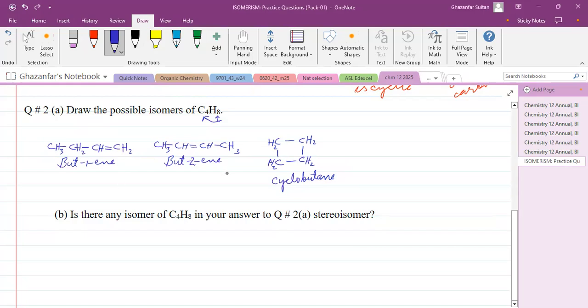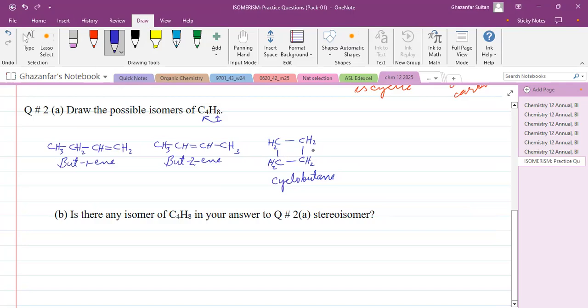Now, inspect all these three. The cyclic compound cannot have any such groups, so it can neither be an optical isomer nor a geometrical isomer.